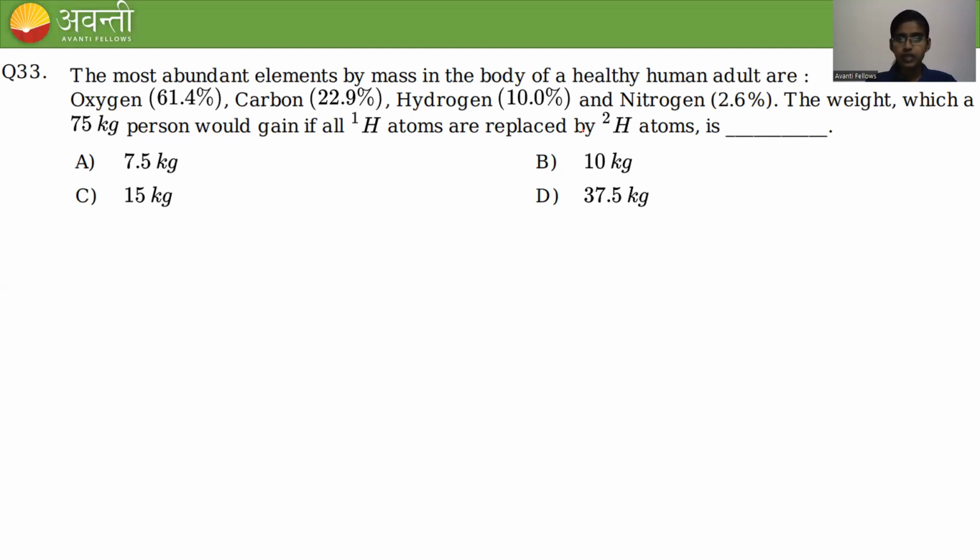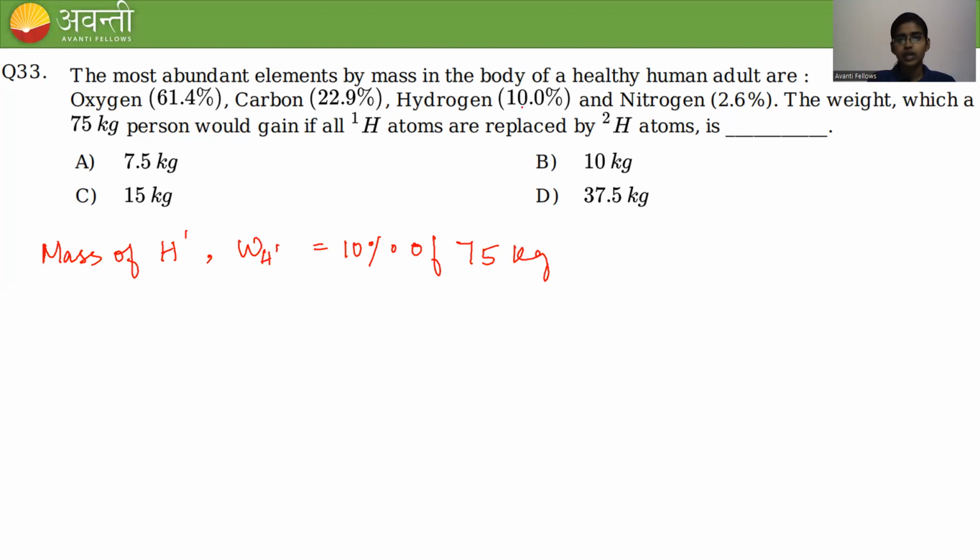So what do we have to find out? We have to find out the change in the mass. So first let me find out the mass of H1. That is the weight of H1. It is equal to 10% of 75 kilogram.